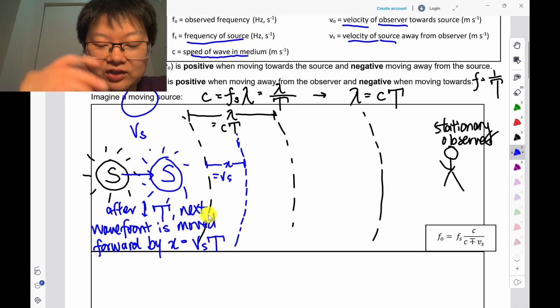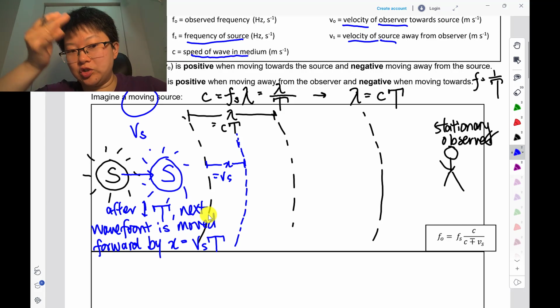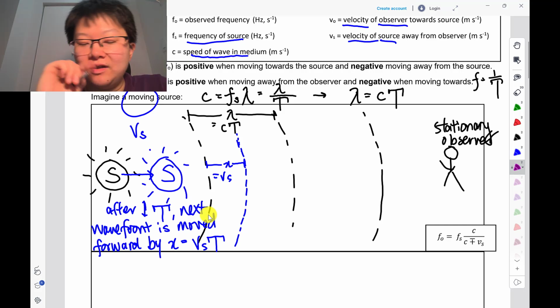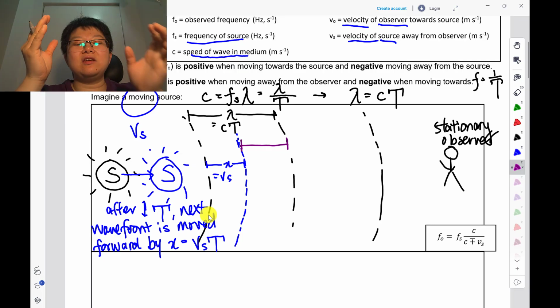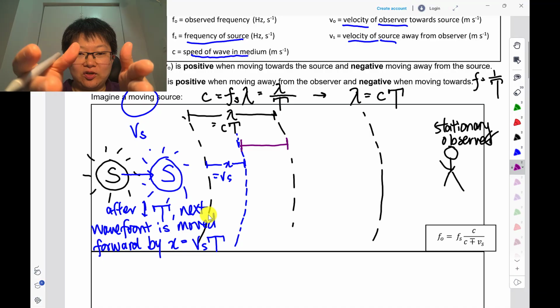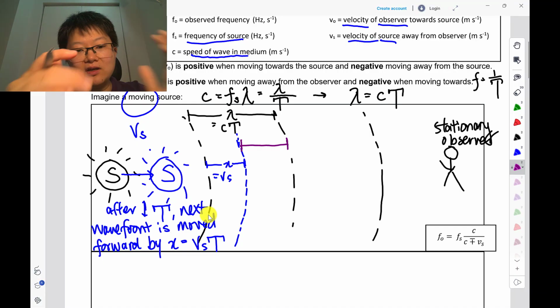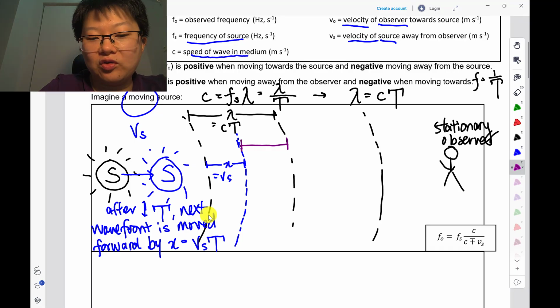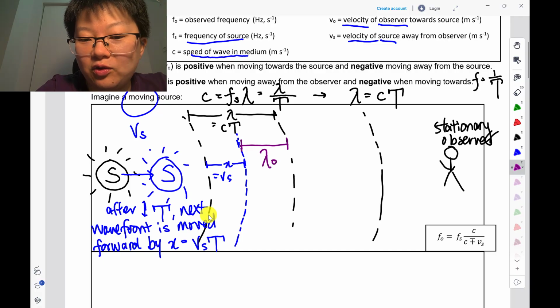So that's the extra distance traveled by that wavefront due to the moving source. Now this over here is the perceived wavelength by the stationary observer. The two wavefronts are now closer together. So this shortened wavelength is what is observed. I'm going to call this lambda naught for the shortened wavelength.